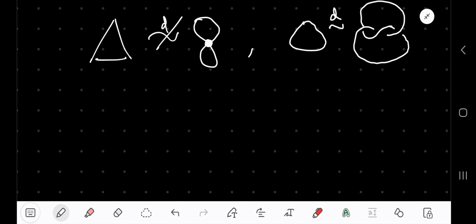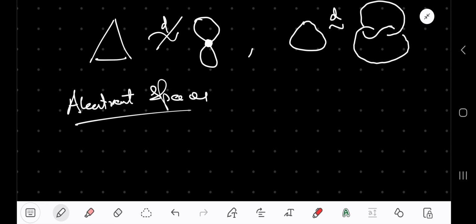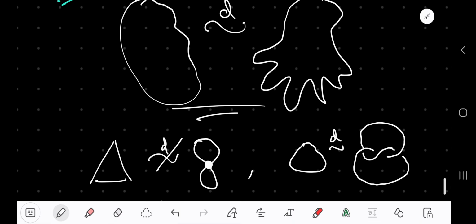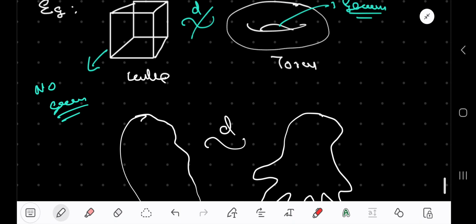But these are abstract spaces, and each of these abstract spaces holds some resemblance to our standard Euclidean spaces.